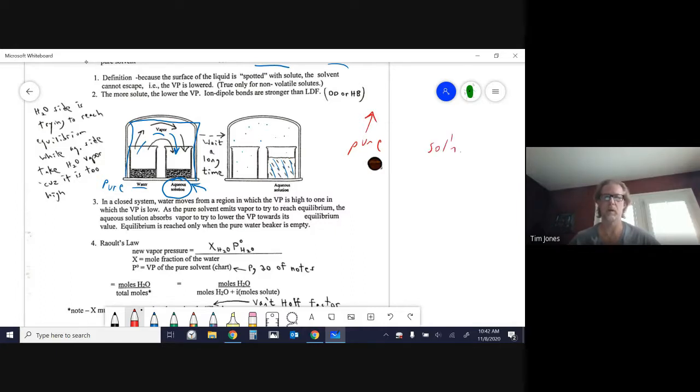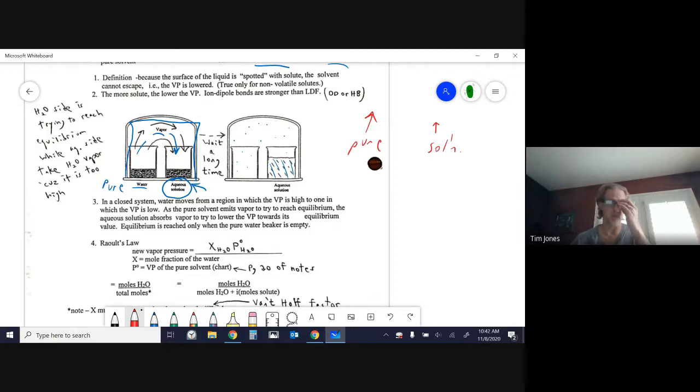And so the solution will have a vapor pressure, but it won't be as high. And so what happens is the pure water keeps pumping out more water into the atmosphere of this closed system, and then it slowly gets absorbed by the solution until there is no more pure water. Or if you had two solutions, this would happen until they ended with the same concentration.